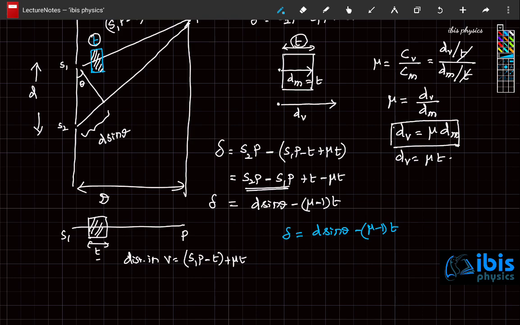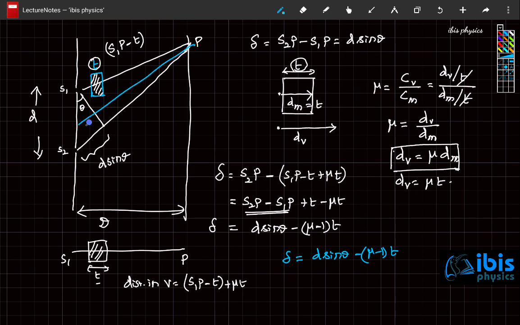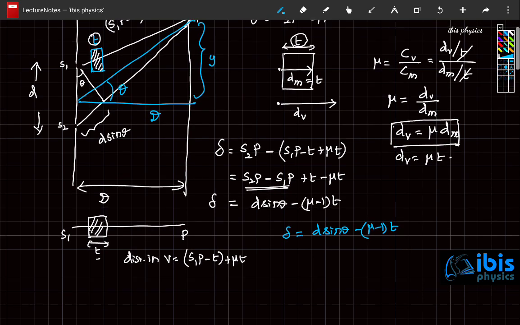We already know that theta is very small. In that case, what about d sine theta? From here to here, this is also theta, so this distance is y and this distance is D. Here tan theta is approximately equal to sine theta when theta is small, and tan theta is y by D. So substituting that, the path difference delta equals d into y by D minus mu minus 1 into t.